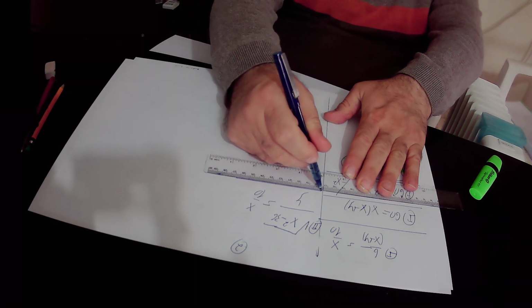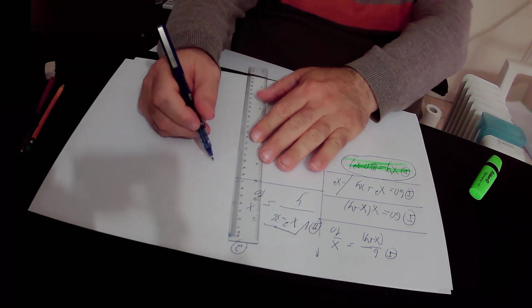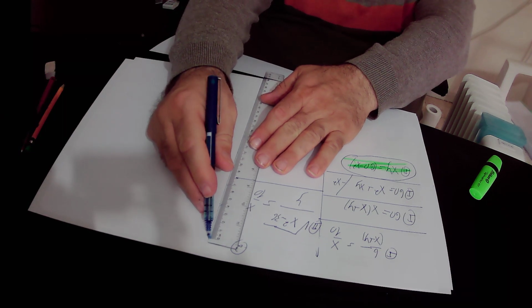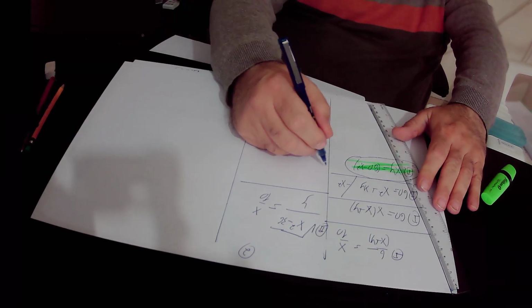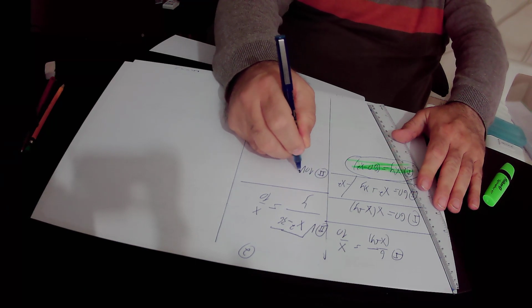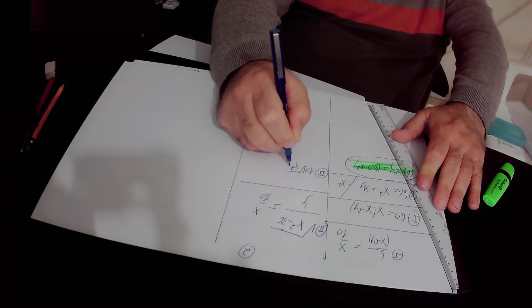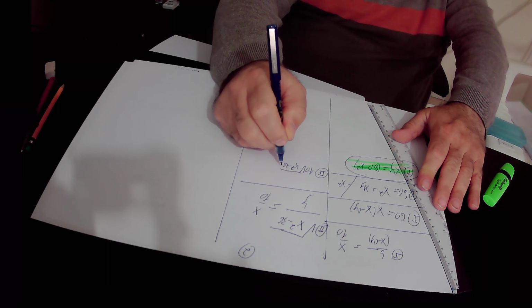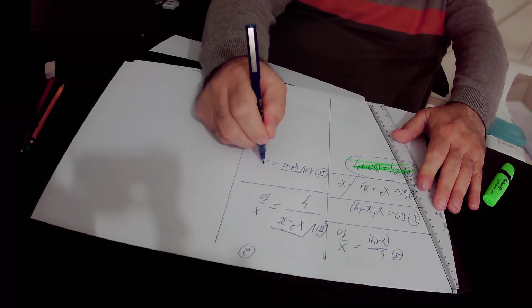Here we will cross multiply equation number 2, and we'll get that according to equation number 2, 10 times square root of x squared minus 36 is equal to xy.